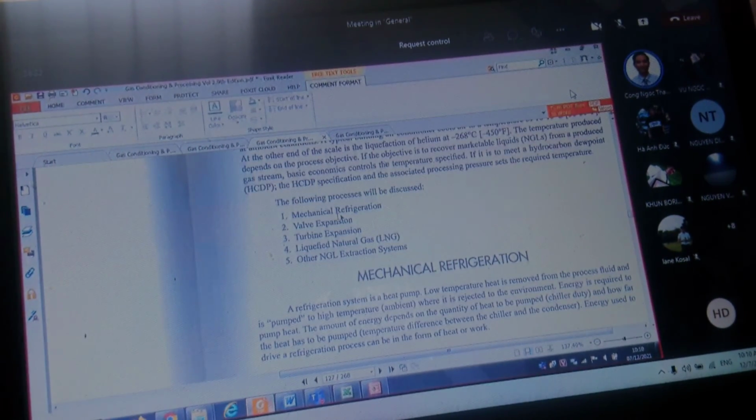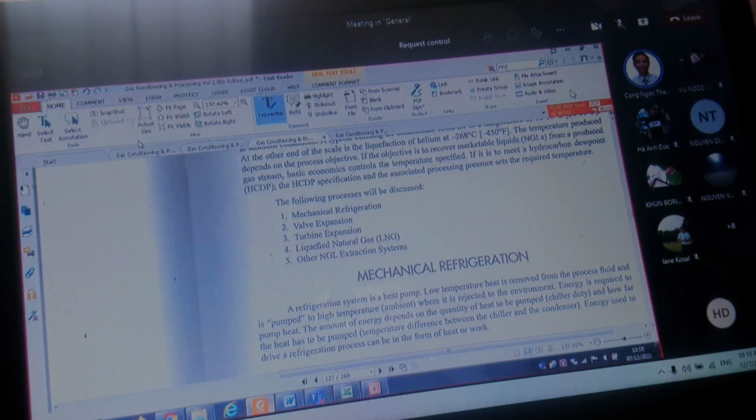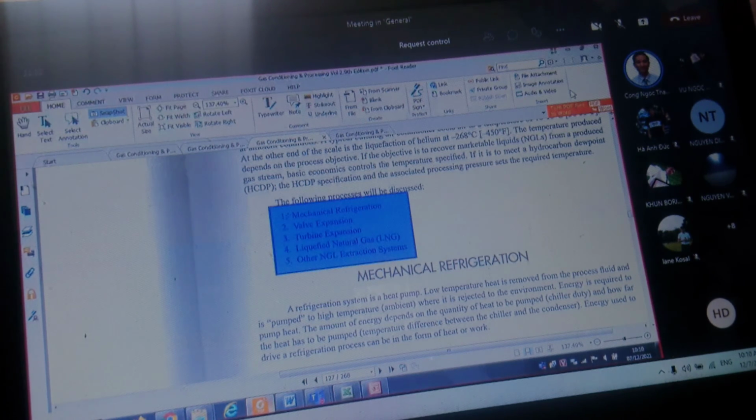We can use a refrigeration system, or we call this a mechanical refrigeration system, or we call it an outer refrigeration system.